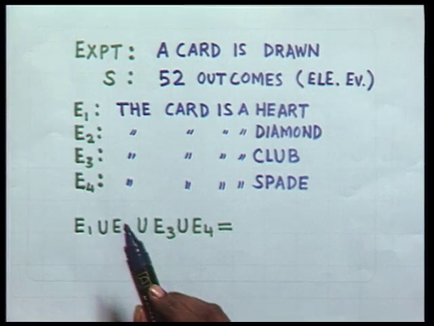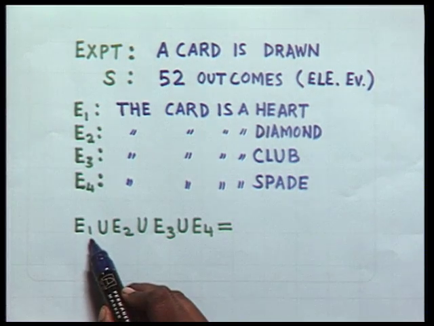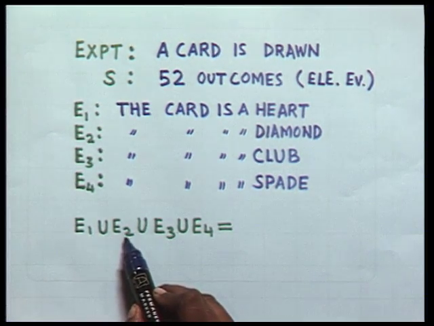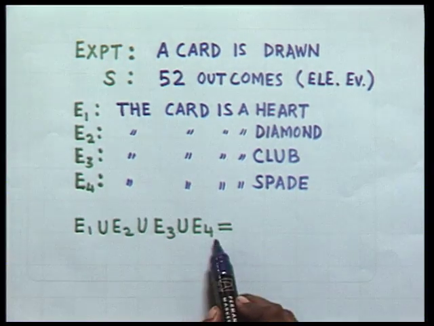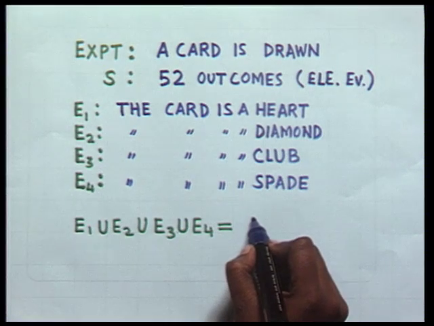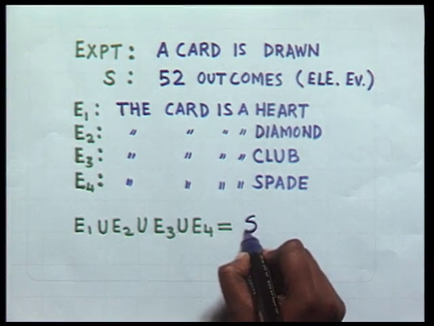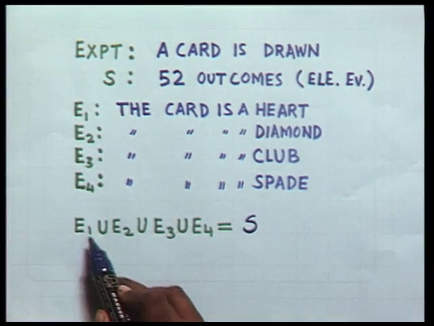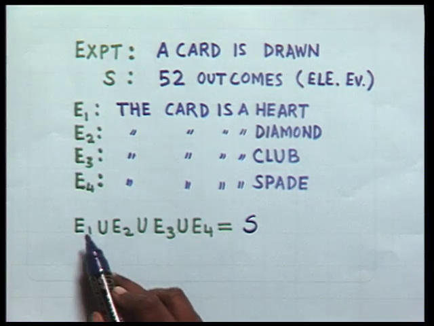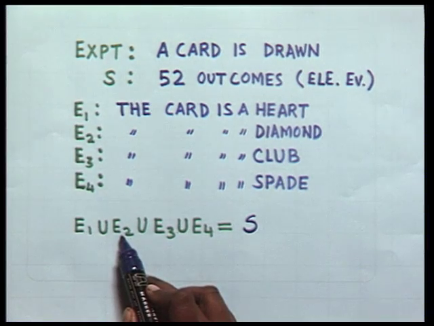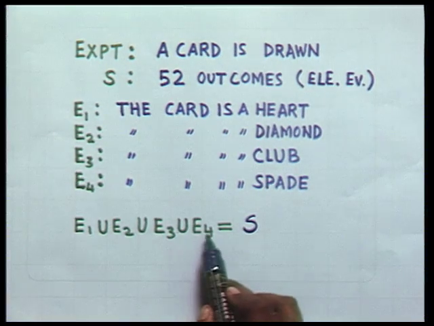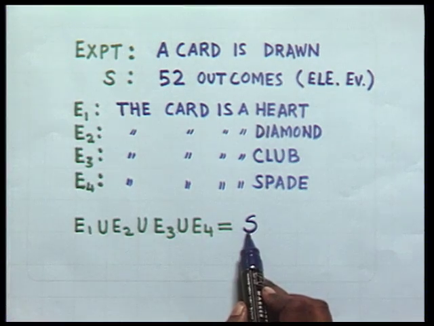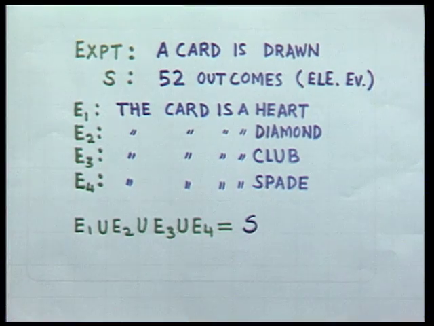Similarly, if we take event E2, E3 or E3, E4, we find that these events taken in pairs are mutually exclusive. Also, event E1 union event E2 union event E3 union event E4 gives us the sample space S, because E1 has 13 elementary events, E2 also has 13, E3 also has 13, and E4 has 13. So, that makes 52 outcomes, that is the sample space.